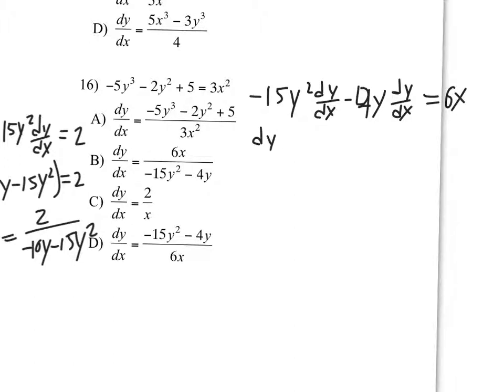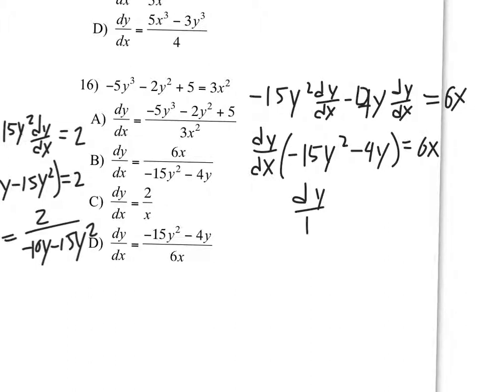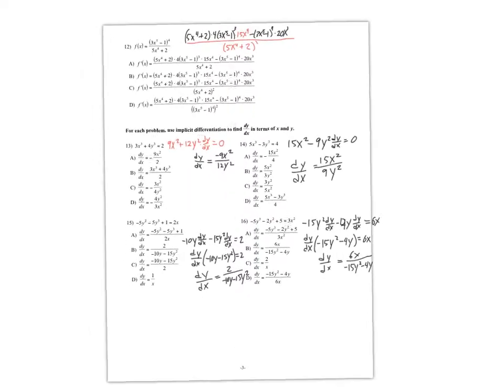Factor out dy/dx. So we've got negative 15y squared minus 4y. That's equal to 6x. Divide, and we end up with 6x over negative 15y squared minus 4y. All right, that'll do it for page 3.